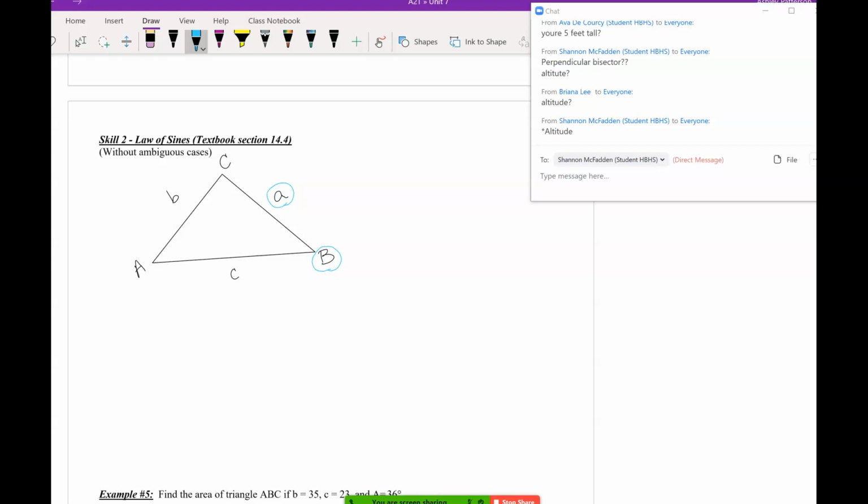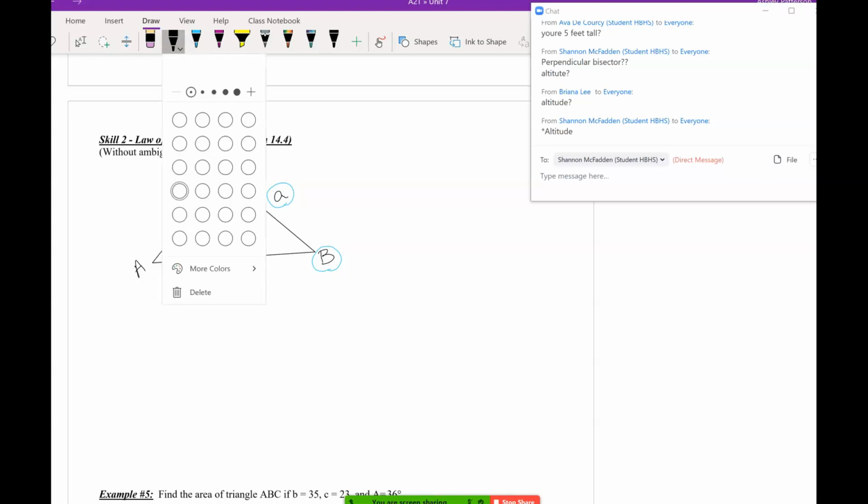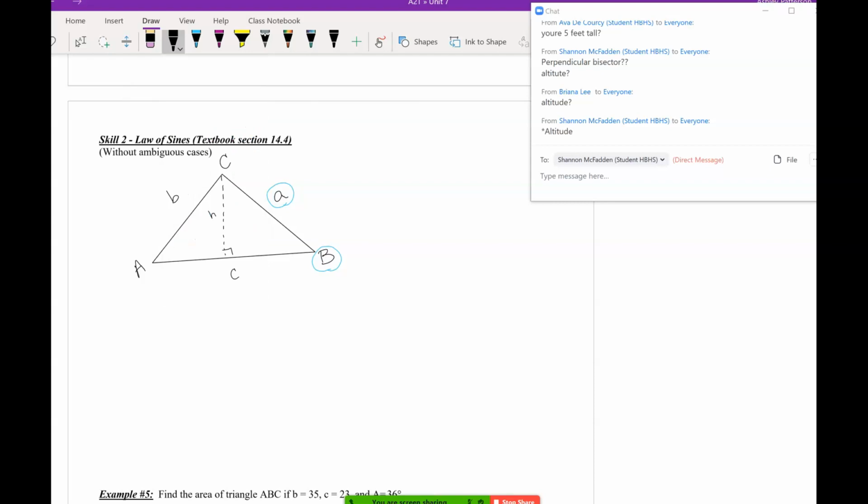And you guys said to me, hey, let's drop down, well, technically it was Braden, Dean, and Colin, let's drop down the altitude to create a height. And let's find it. Well, the law of sines gives us additional area formulas so that we don't have to go through that entire process.